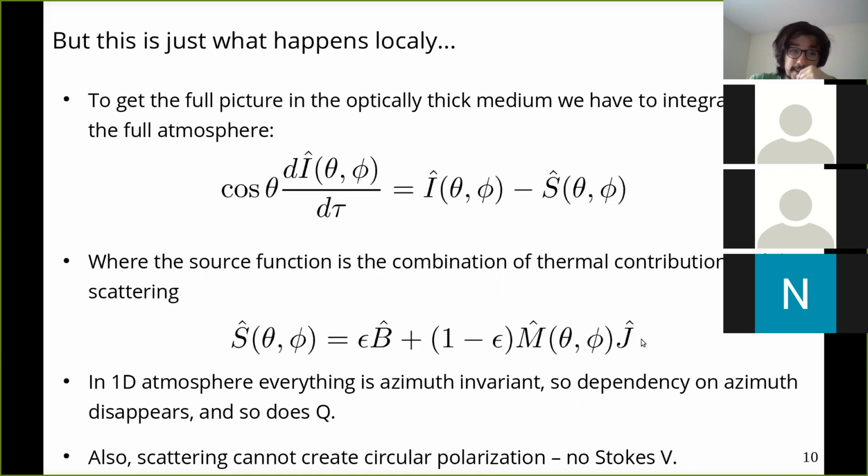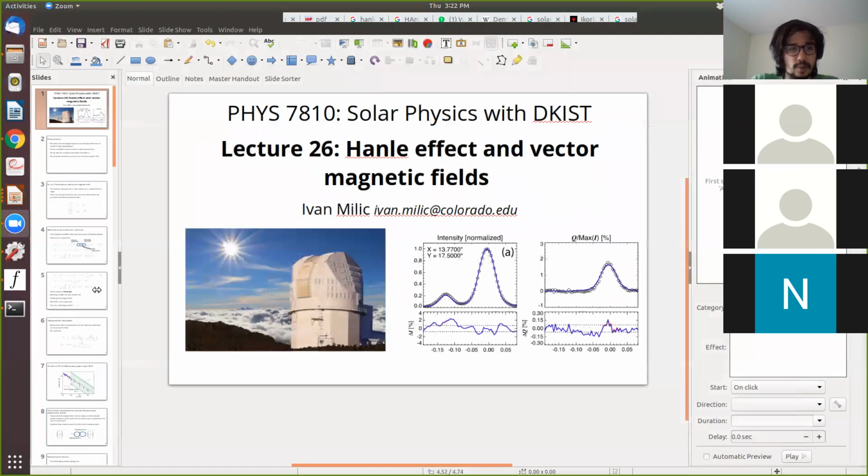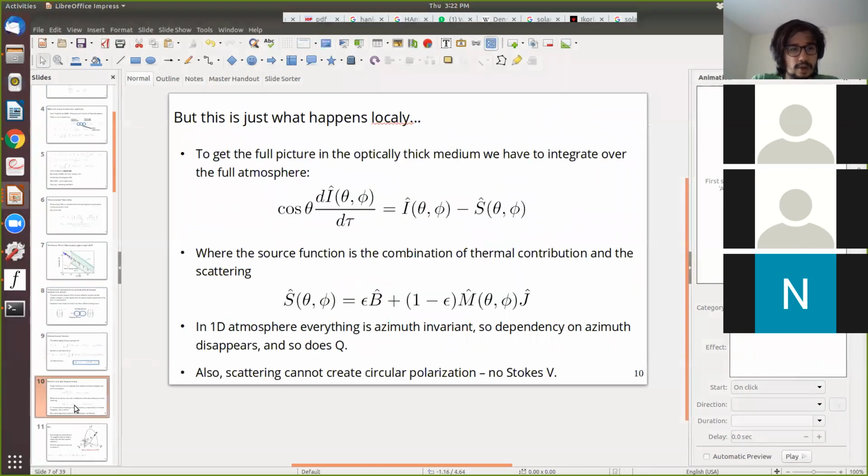And then we can assume what we already assumed implicitly in the previous class, that the atmosphere is one-dimensional, and everything is axially symmetric, or I called it here azimuth invariant. So all the dependency on phi is going to disappear, and so does U, not the Q. Let's fix this straight away because this is really confusing.